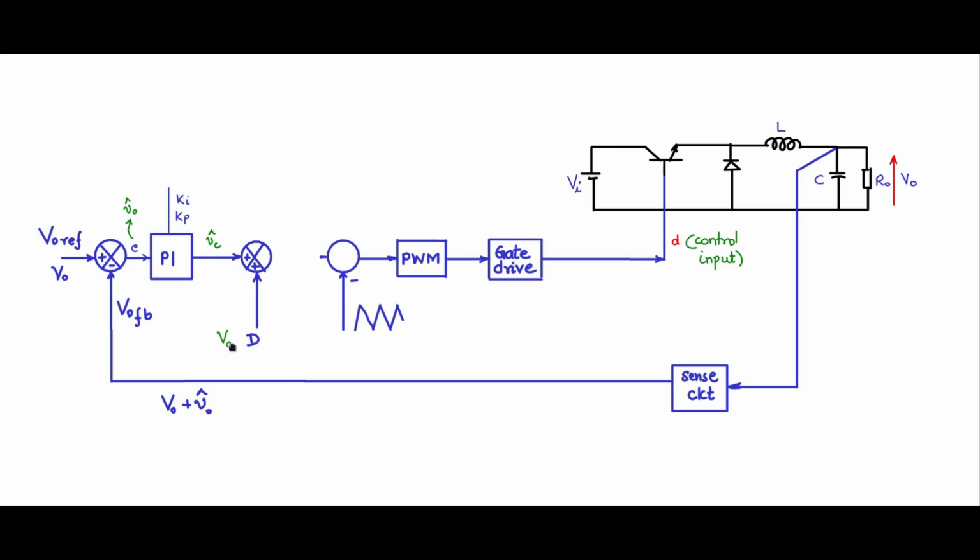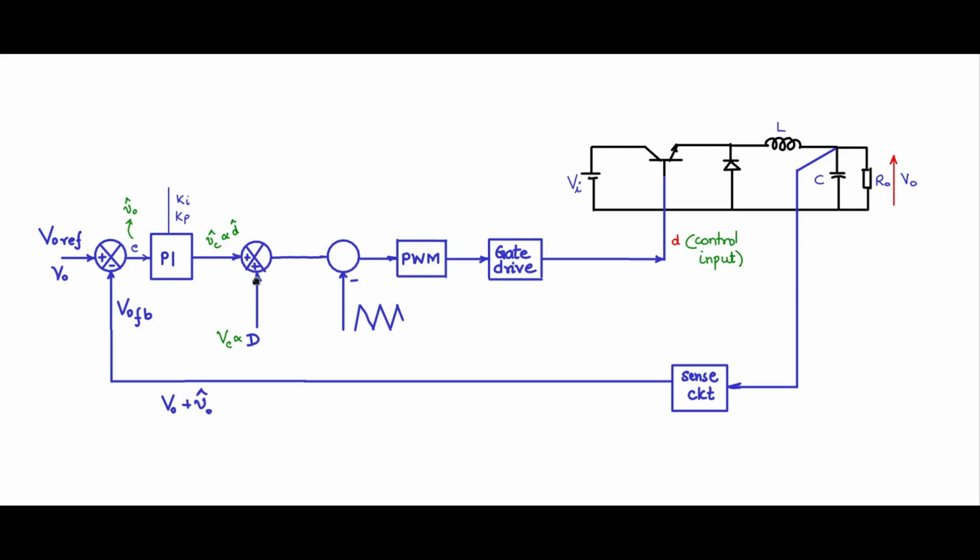Now uppercase VC, which is a voltage proportional to the nominal duty cycle, is given at this point, and this VC hat is proportional to D hat, which is the deviations about the nominal, because they are all proportional to time.